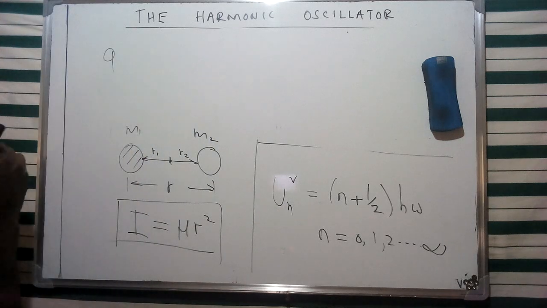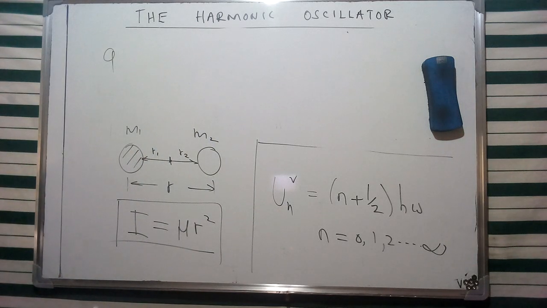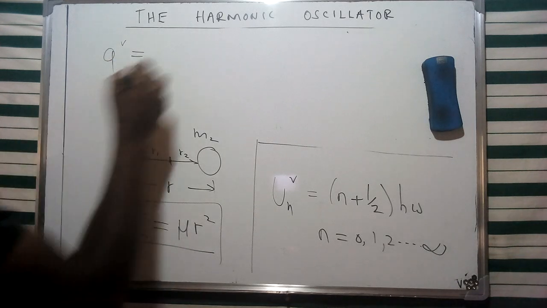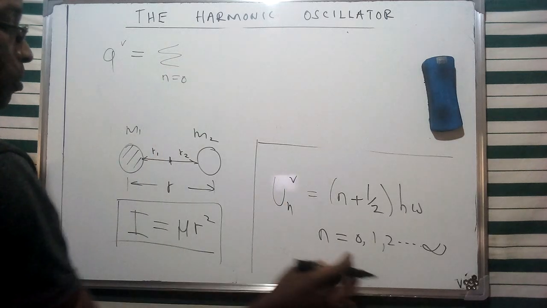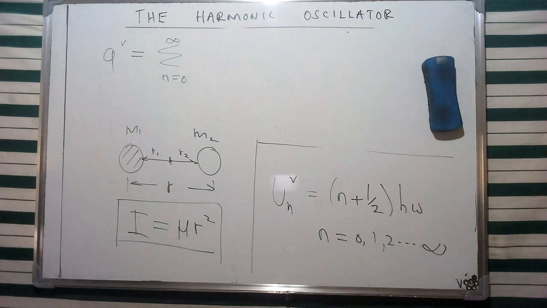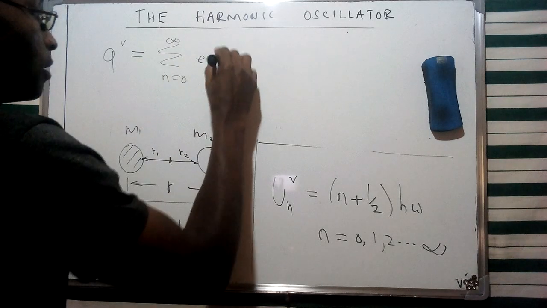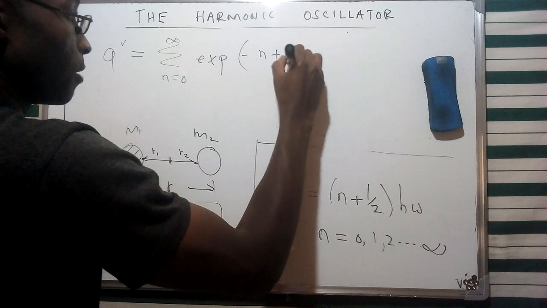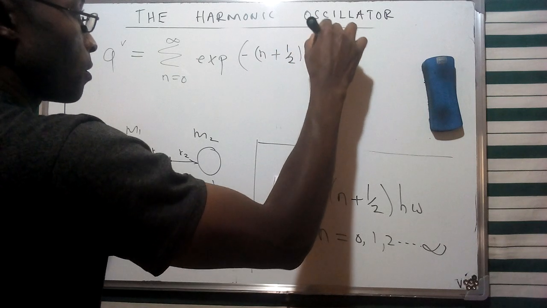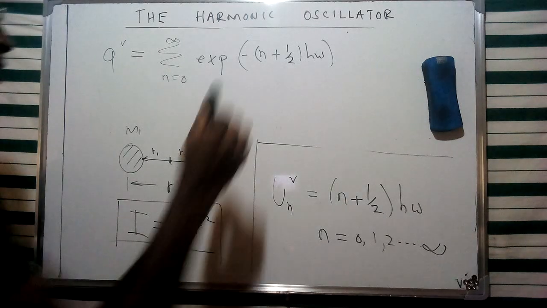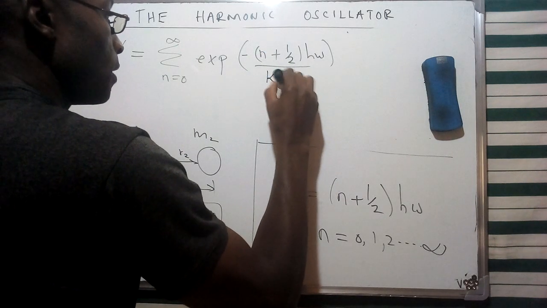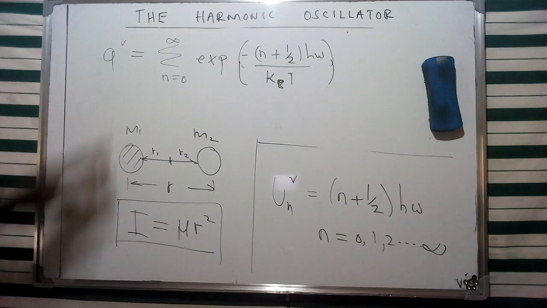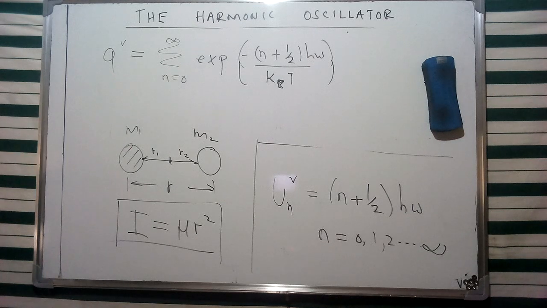We said that we're going to represent this partition function as QV, which was a summation from n equal to 0 to positive infinity of the exponent of the negative values of this energy, given in terms of h omega all over kBT, as such.